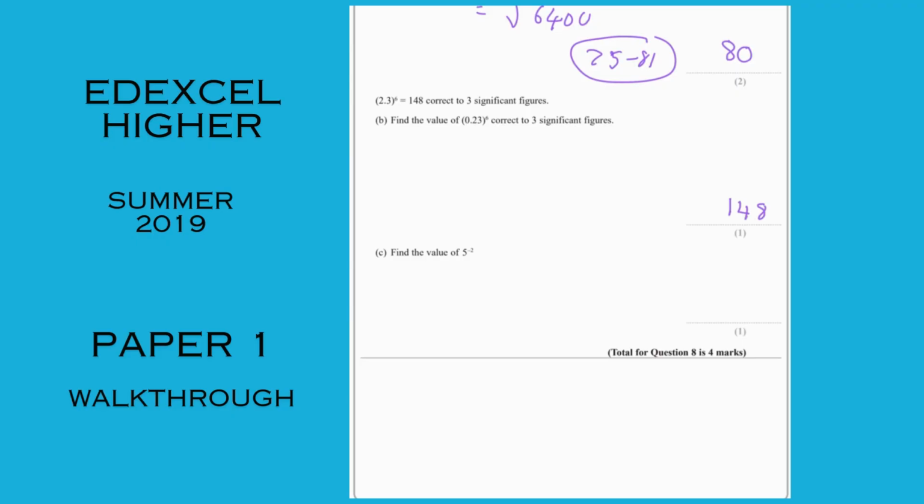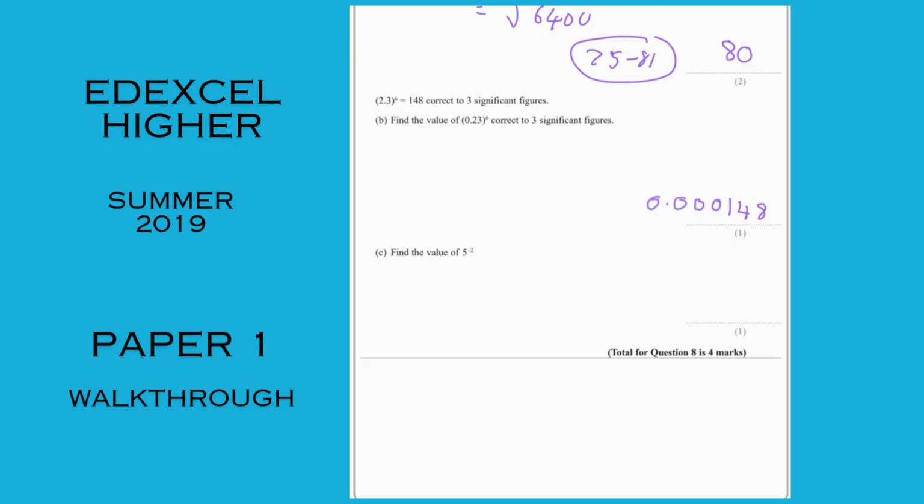So find the value of 0.23 to the power of 6 to 3 significant figures. So you're going to be needing 6 digits after the decimal point for the right answer.